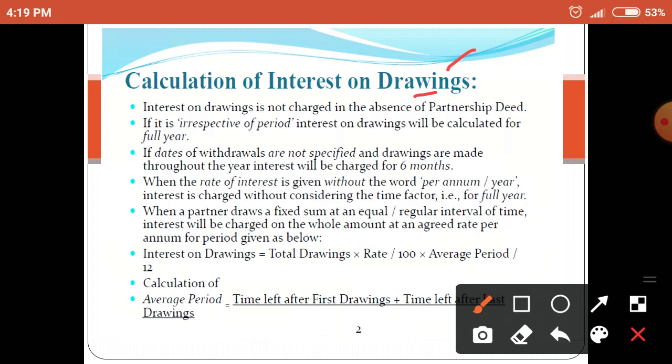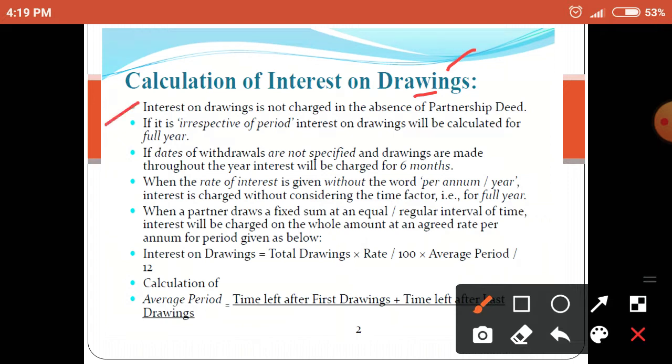So when a partner withdraws an amount from the business, on that amount you have to charge interest. While calculating the interest on drawing, some rules you have to remember and apply. So these are the points you have to consider at the time of calculation of interest on drawing.